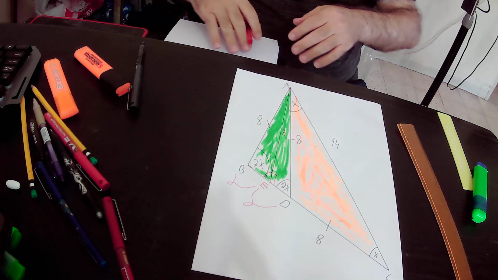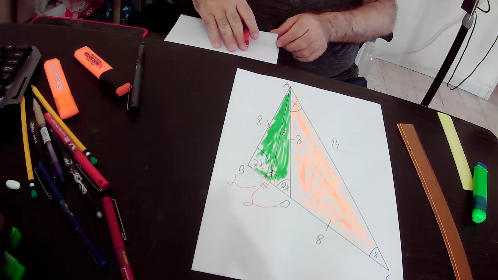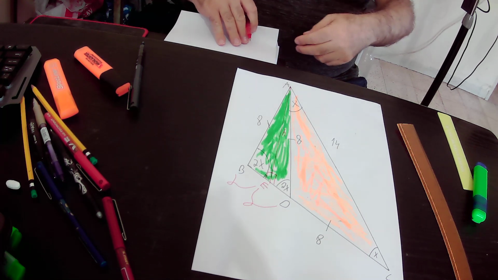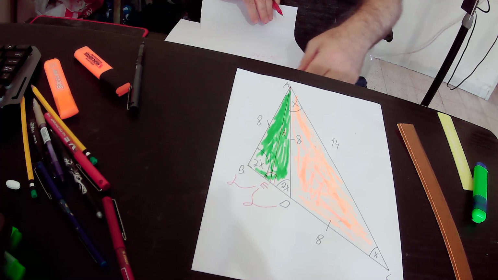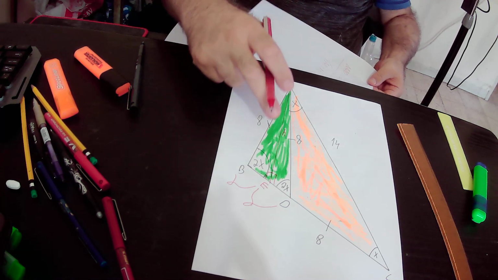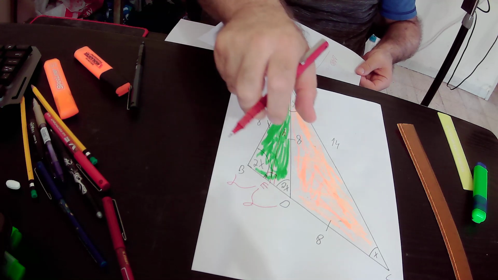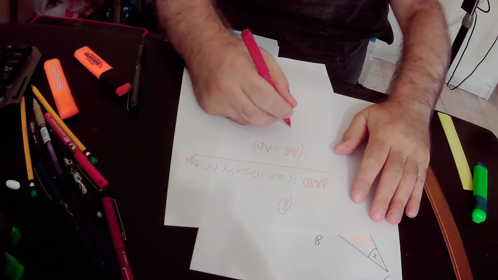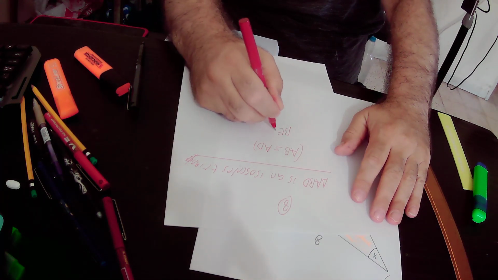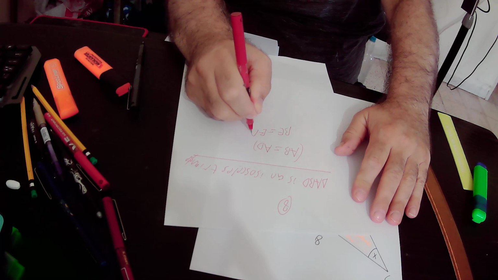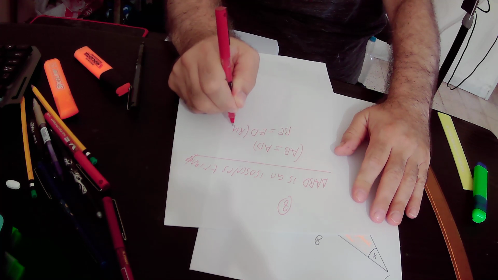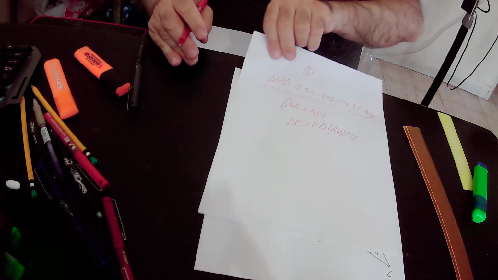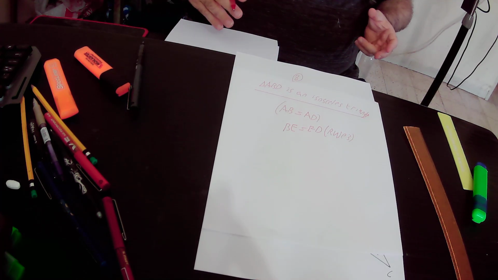So according to rule number 3, in the green isosceles triangle ABD, the height AE divides the base BD into two equal parts, that is to say BE equals ED. Again, according to rule number 3, the height divides the base into two equal parts.